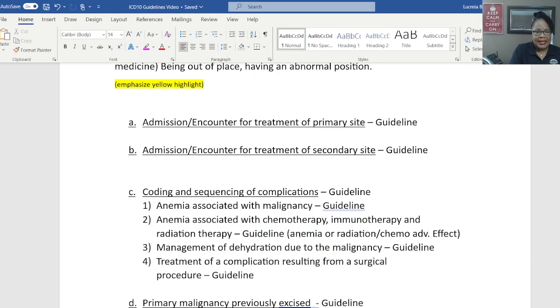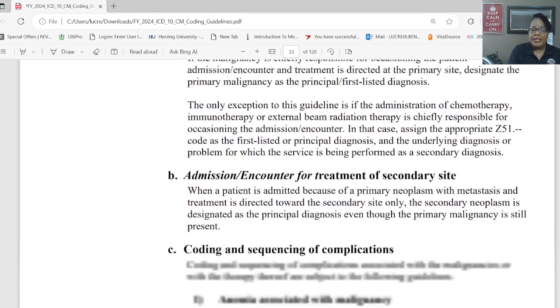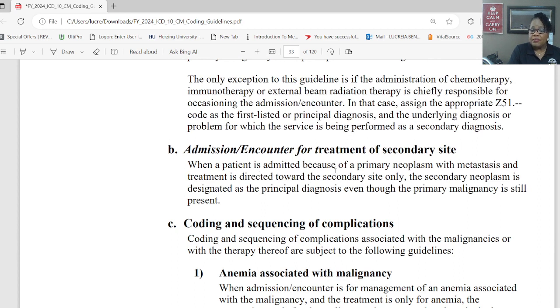All right, let's see what B says. Admission or encounter for treatment of secondary sites. Now your cancer has gone from one site, it's spread to a secondary site. It says refer to the guidelines. So we're at B. B says when a patient is admitted because of a primary neoplasm with metastasis and treatment is directed toward the secondary site only, the secondary neoplasm is designated as the principal diagnosis, even though the primary malignancy is still present.